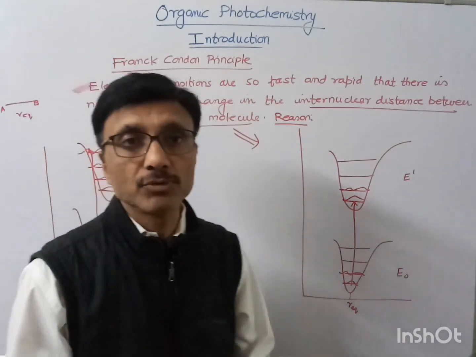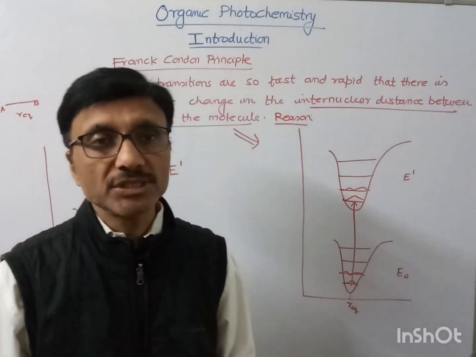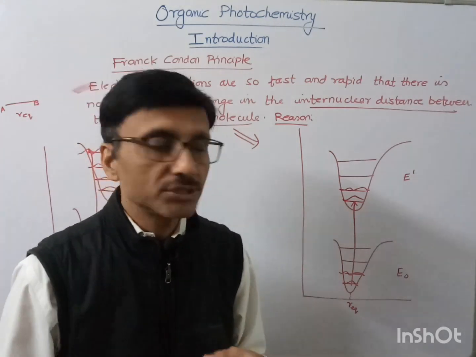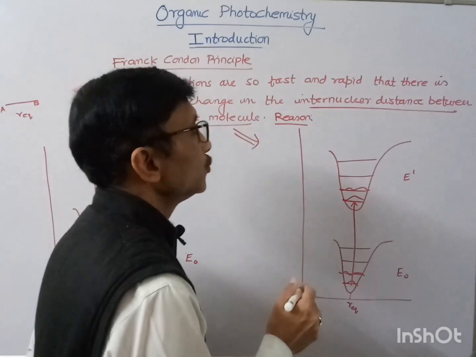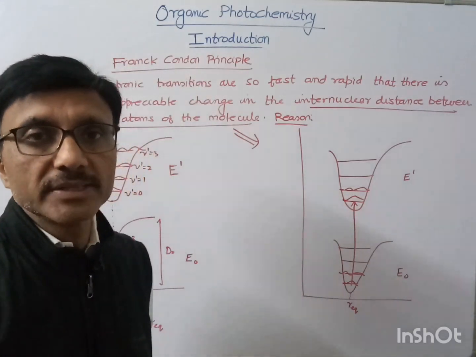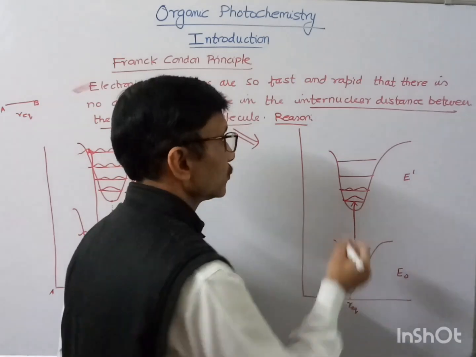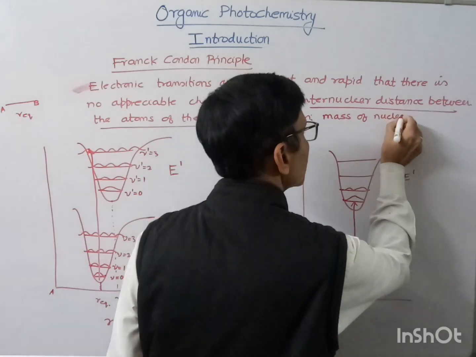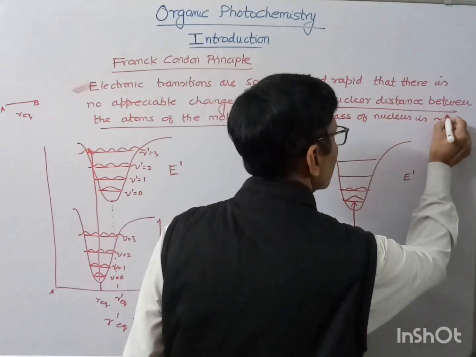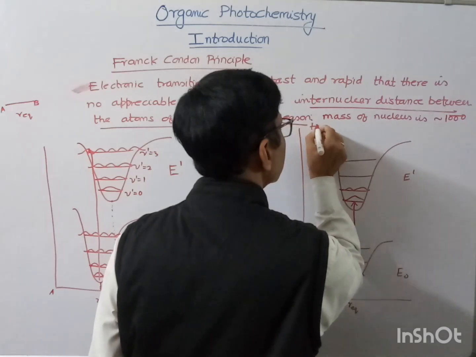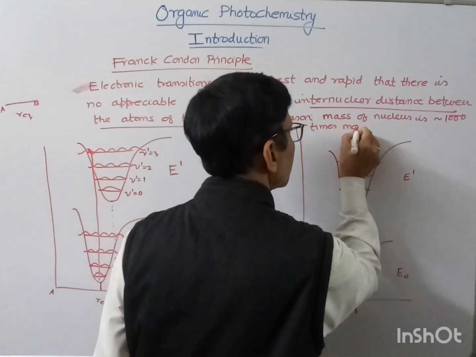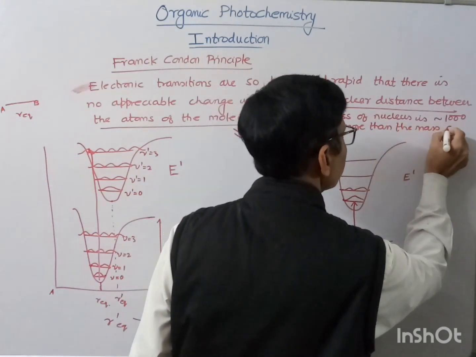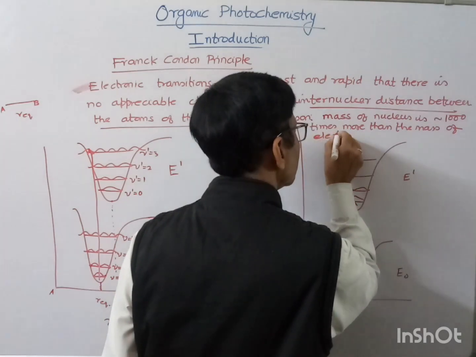The nuclear distance cannot change. So the reason is that the nucleus is around 1000 times heavier than the electron. The mass of the nucleus is around 1000 times more than the mass of the electron.